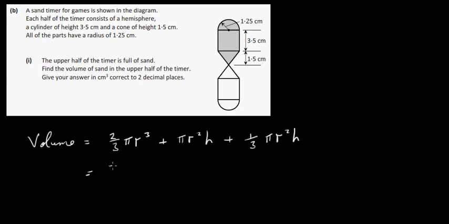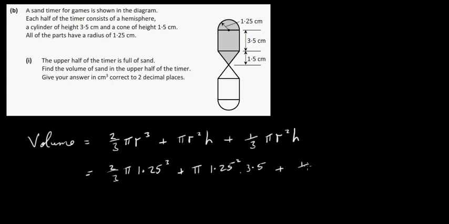We have 2/3 anyway. Pi is pi, and our radius is 1.25, and we've got to cube that. Okay, let's keep going. We got a pi here again. The radius here again is 1.25, and this time we've got to square it, and our height is 3.5.